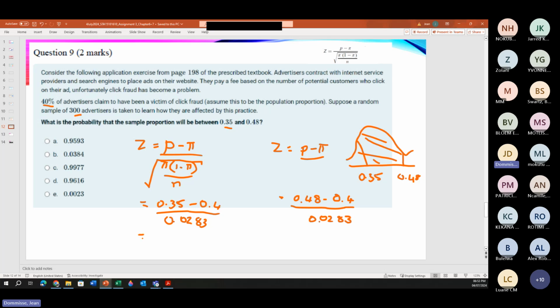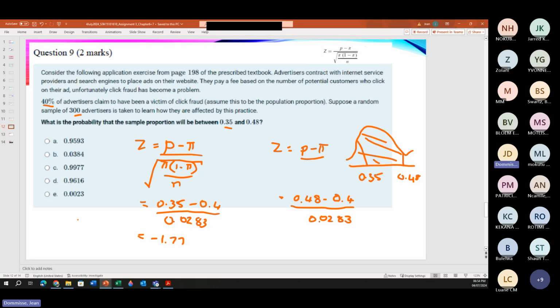So Z is equal to 0.35 minus 0.4, and if we do that division, negative 0.05 divided by the standard error, on this side we get minus 1.77.